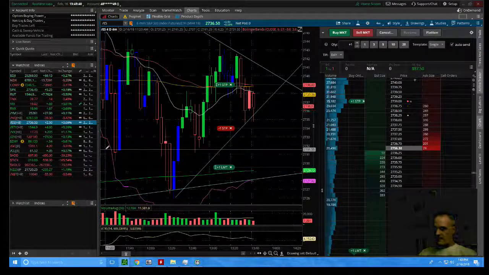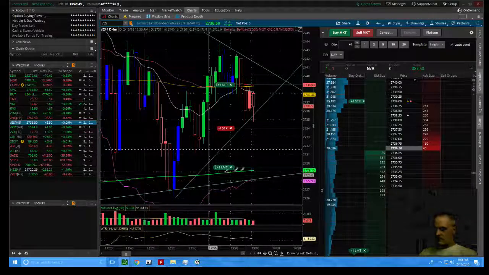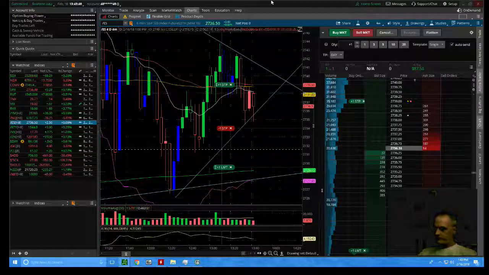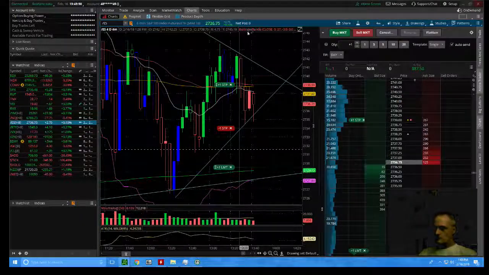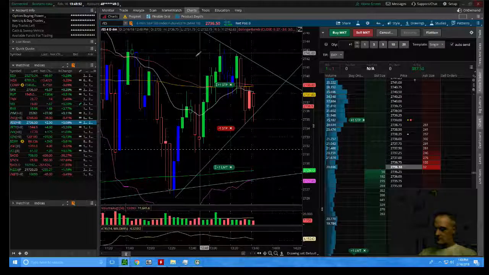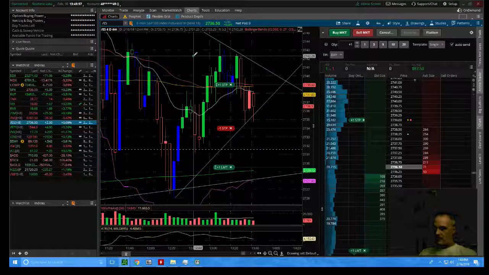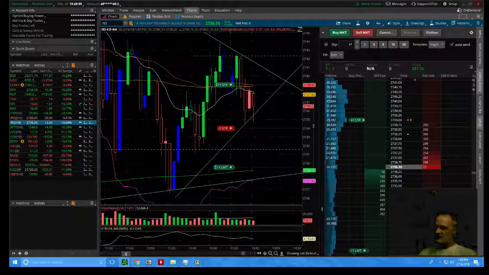Now, as I think about it, somewhere around here is a level that the bulls need to defend. Somewhere around there is a level the bears need to defend.